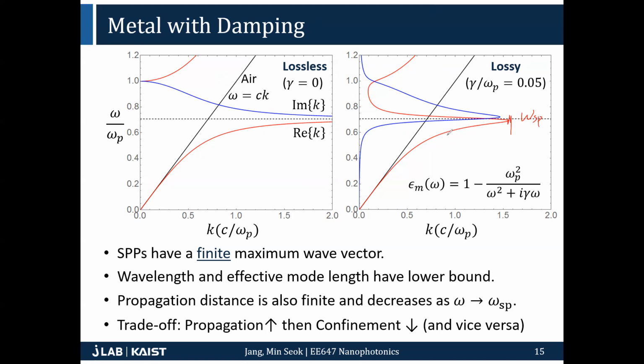And also at high K vector, you also have a high imaginary part, which is loss, right? So this high K vector and high loss always come together, which makes it difficult to utilize these surface plasmons.